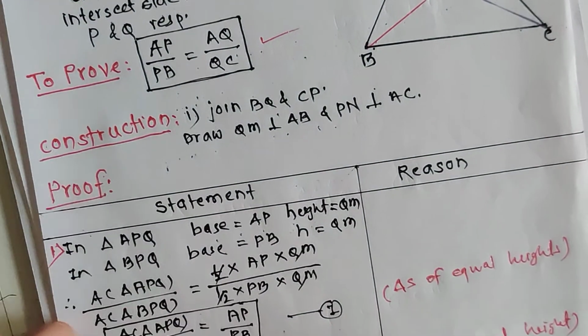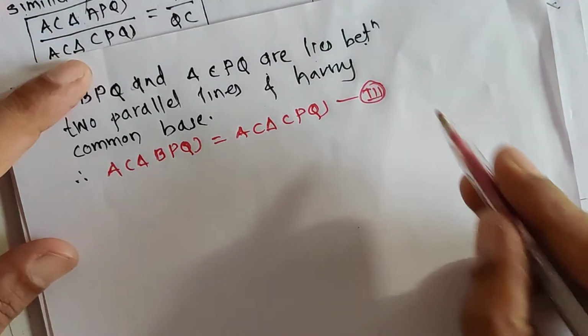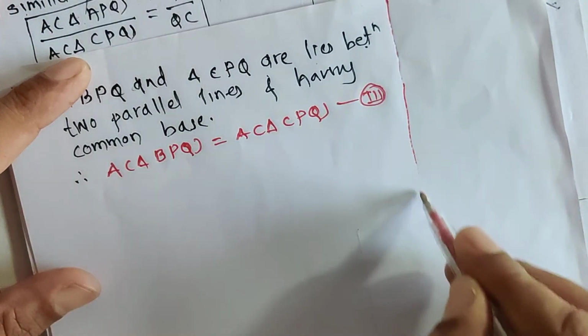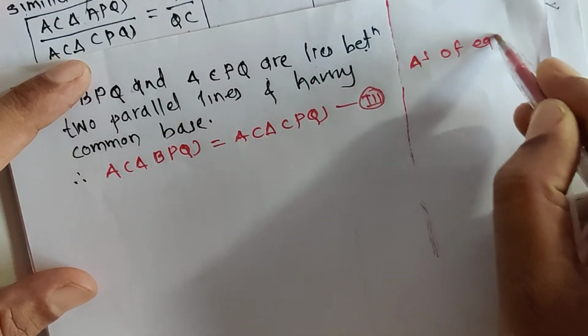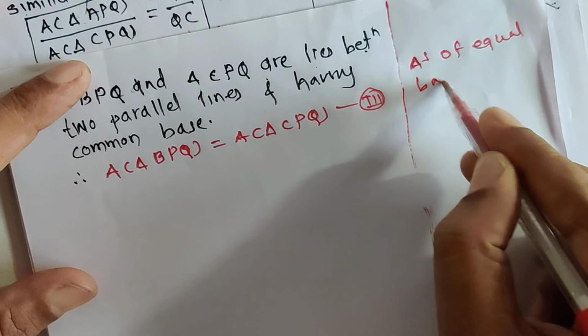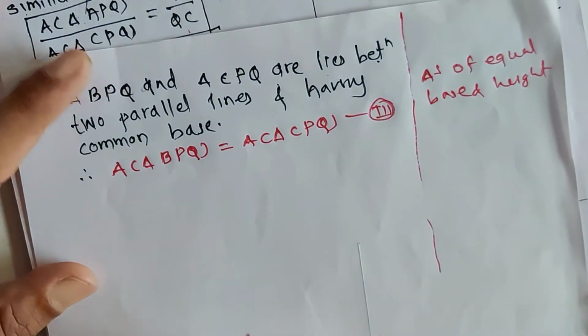Here statement number 1 is, observe this statement number 1. Here we can write the reason: triangles of equal base and equal height. These are triangles of equal base and height, and therefore their areas are equal.